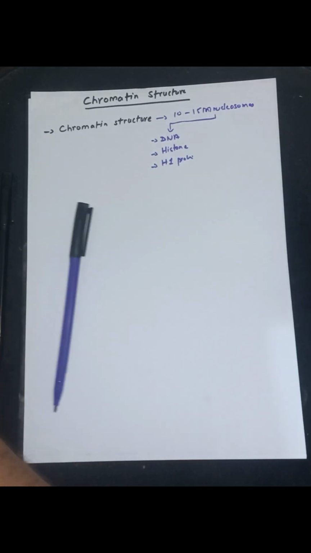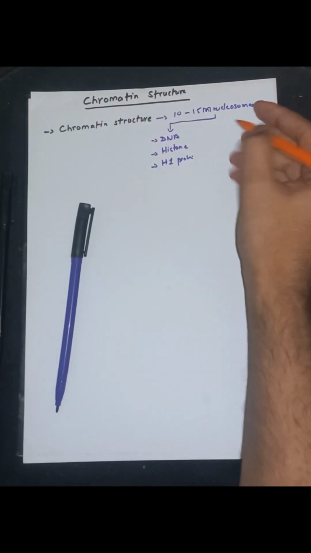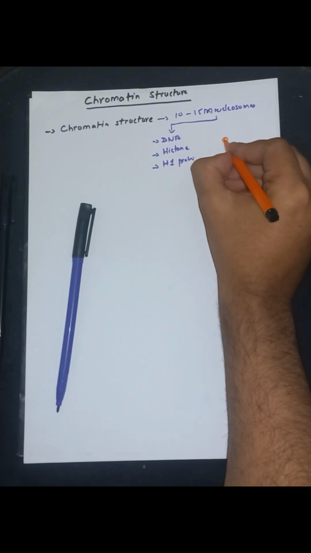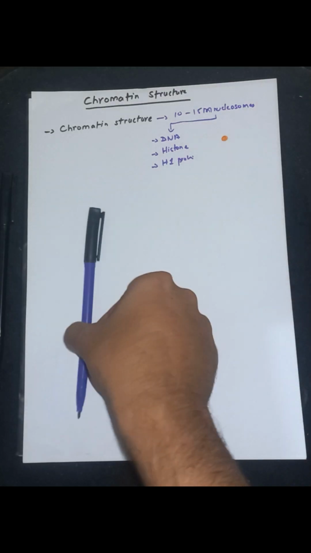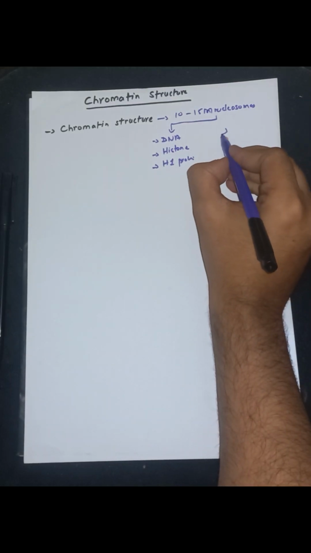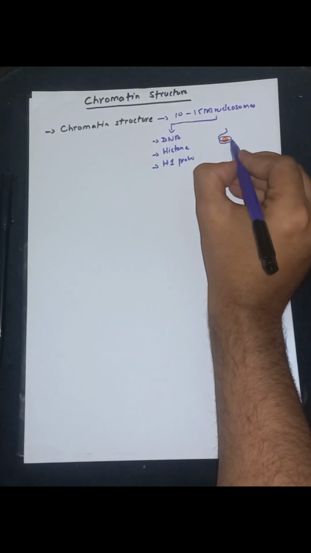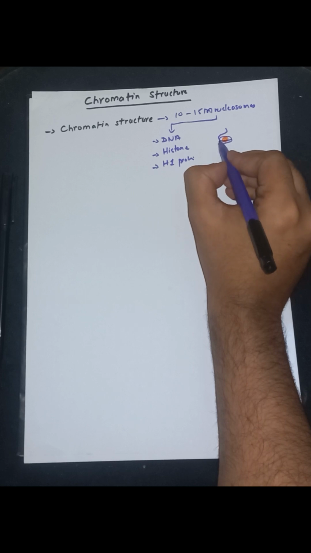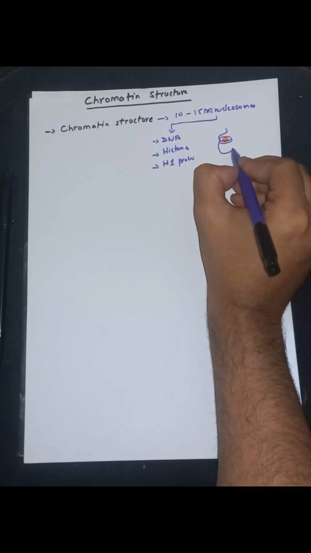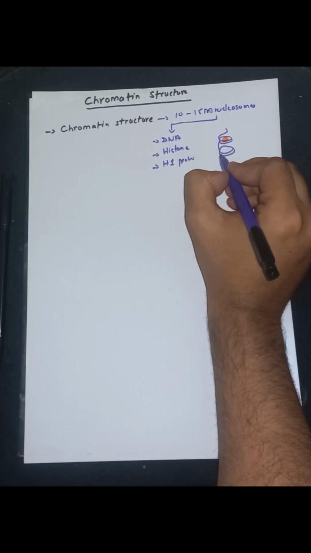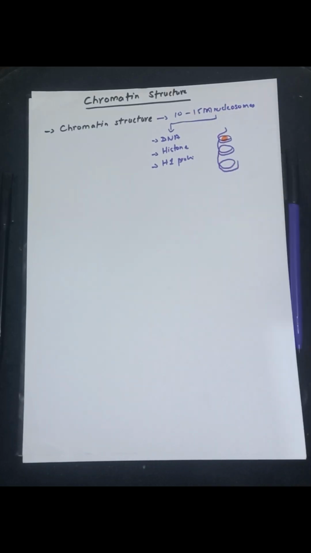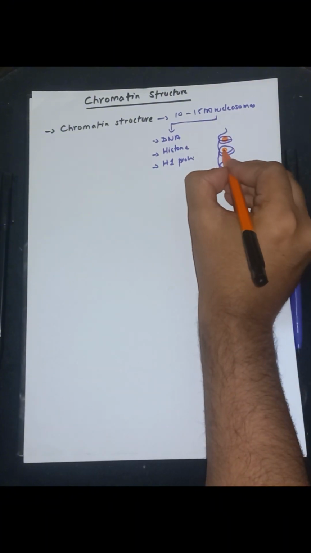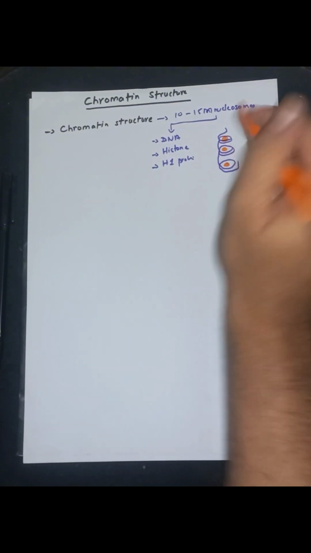Like how this is a histone protein, and the DNA is wrapped twice around this, going like this and again like this, looping twice around these histone proteins.